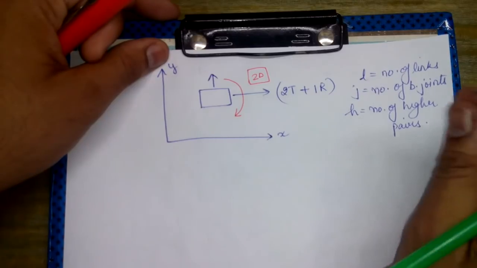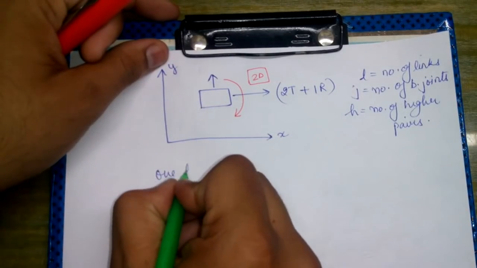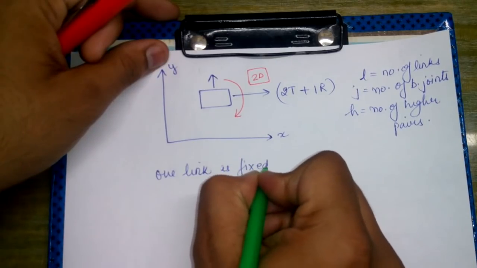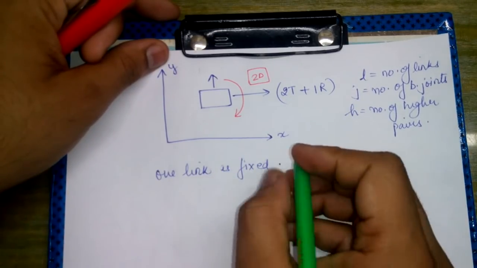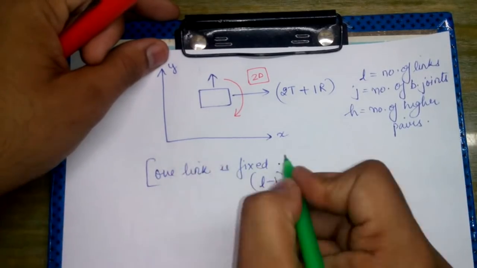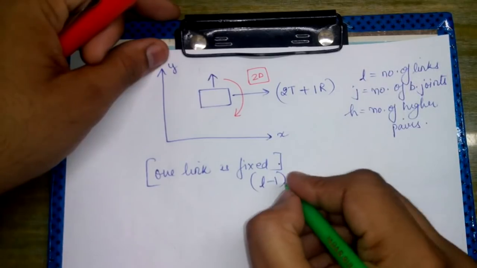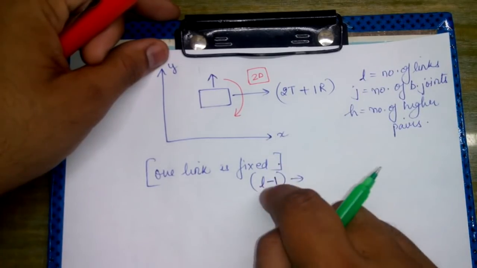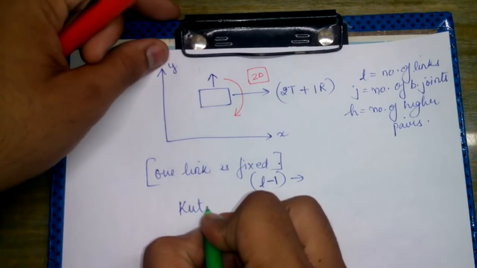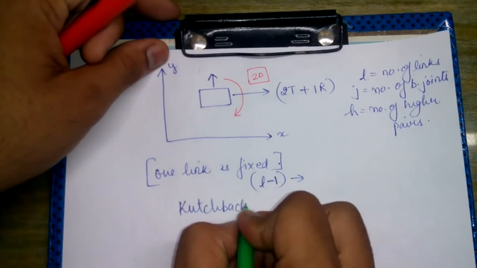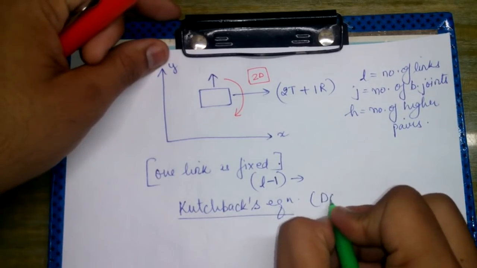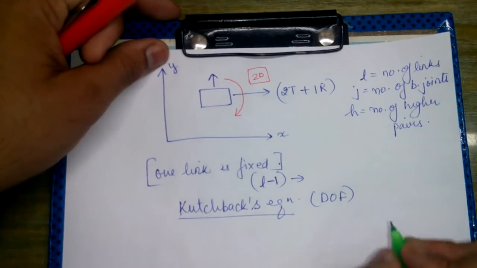If one link is fixed in a system, then L minus 1 links will be considered. If one link is fixed out of the L links, then the number of links available for analysis would be L minus 1. There was a scientist named Kutzbach, and he gave his equation, the Kutzbach equation, to find the degree of freedom for 2D structures.